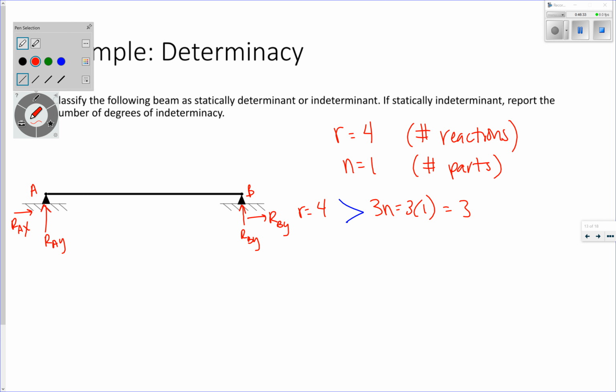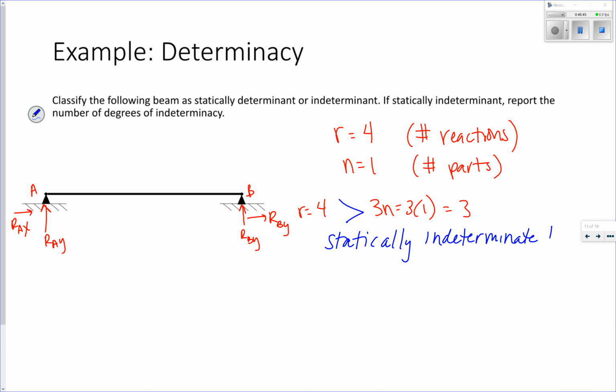So this is a statically indeterminate beam. And its degree of indeterminacy is 1, because 4 minus 3 is 1.